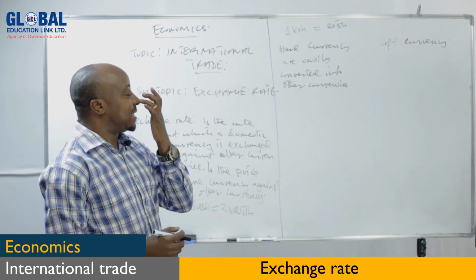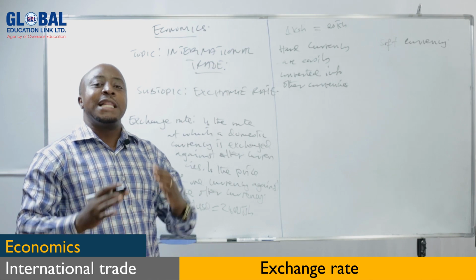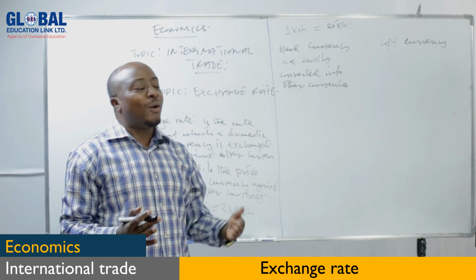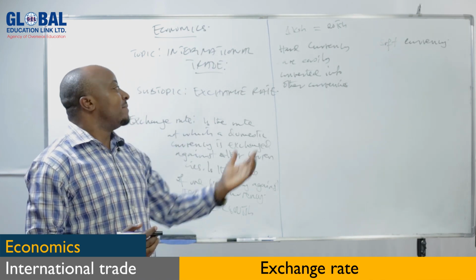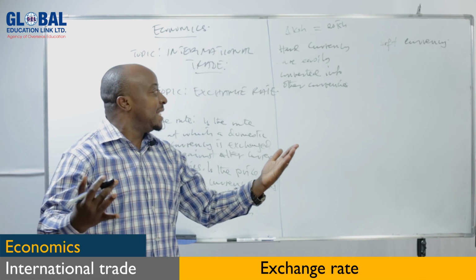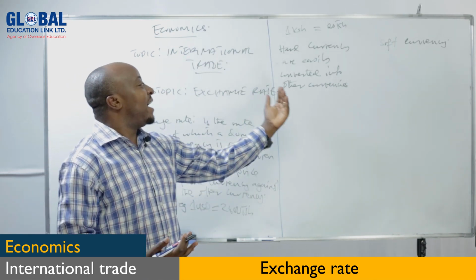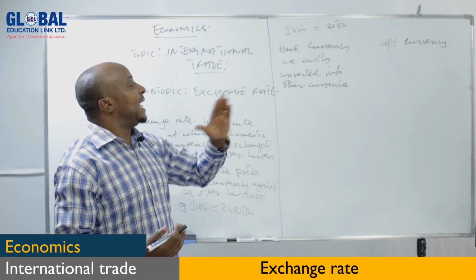It means hard currencies are those forms of money which can be easily converted from one form to another. You can find them everywhere because they are easily converted. For example, you can find those currencies in any country.